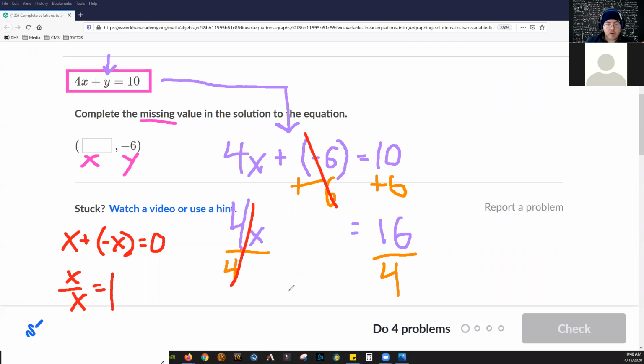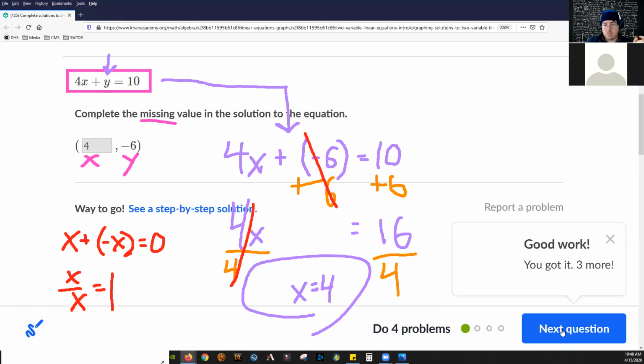So what you end up with is 1x is equal 16 divided by 4 is 4. So apparently, when in this system, in this equation, on this line, when y is equal to -6, x has to be equal to +4. There it is.